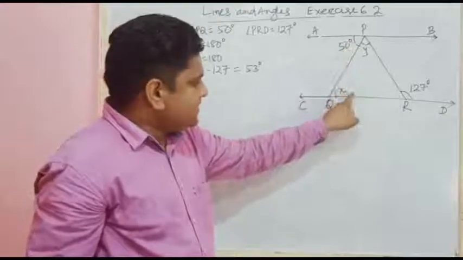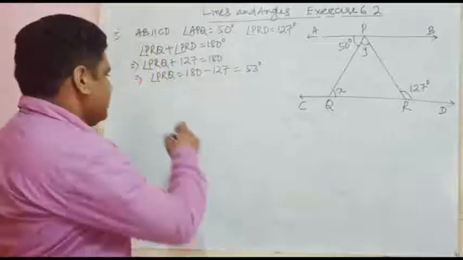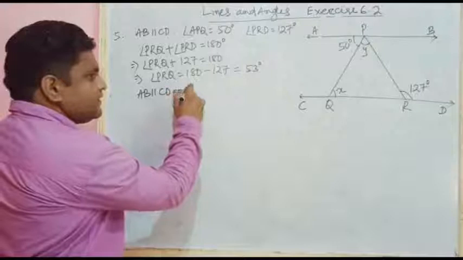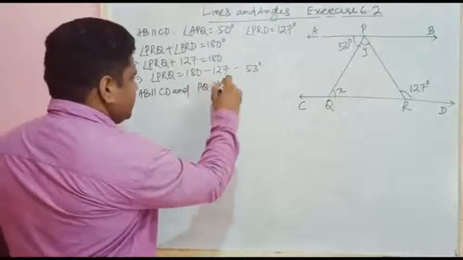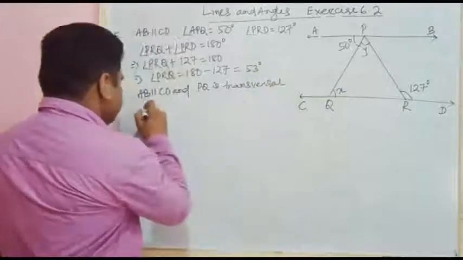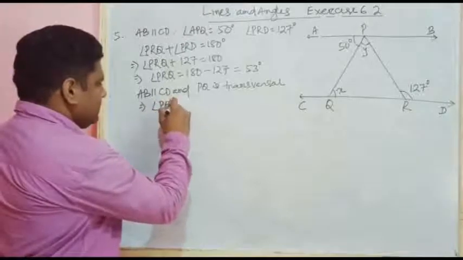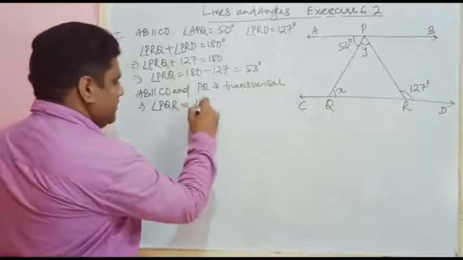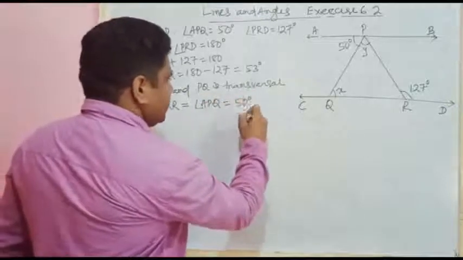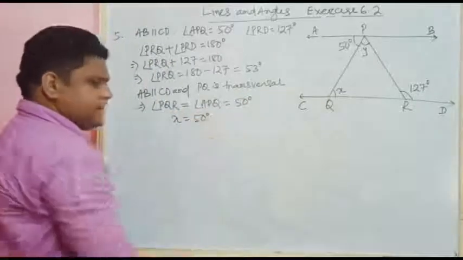It is 50, means this angle must be equal to 50 degrees. So we will write AB is parallel to CD and PQ is transversal. This implies that angle PQR is equal to angle APQ, equal to 50 degrees. So we got the value of x equal to 50 degrees.